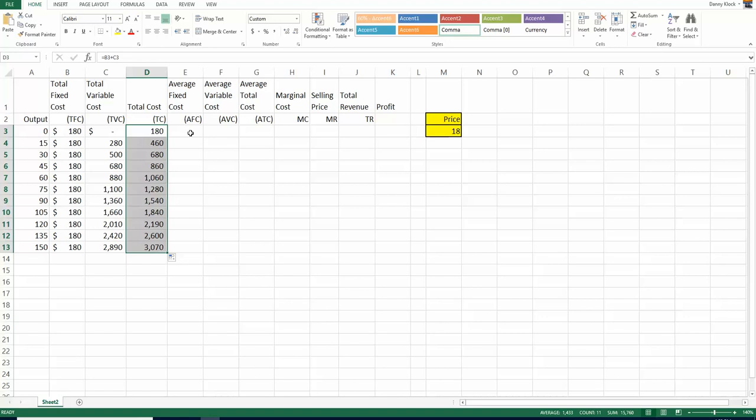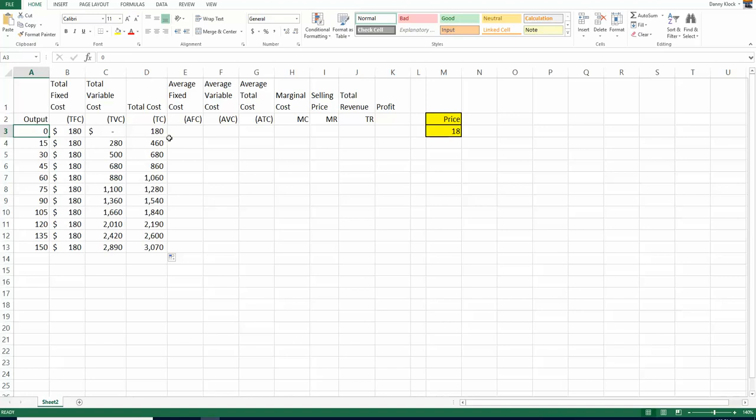So the average fixed cost. The average is going to be the fixed cost at a certain point divided by the output, right? I don't want to do it in this row 3 because I don't want to divide the 180 by the 0 output, because then I'll get the famous NA, not applicable. You can't divide something by nothing.